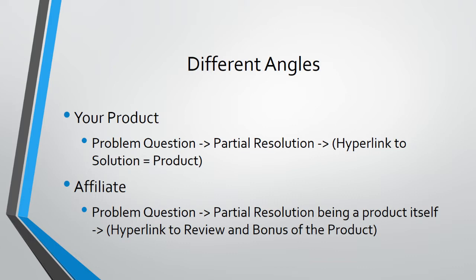But to get better high conversions, what you might want to do is problem question, partial resolution being a product itself, and then maybe a hyperlink to the review and bonus of the product.